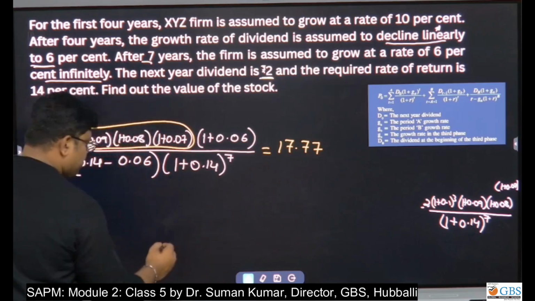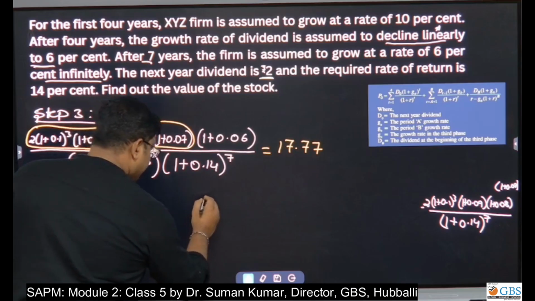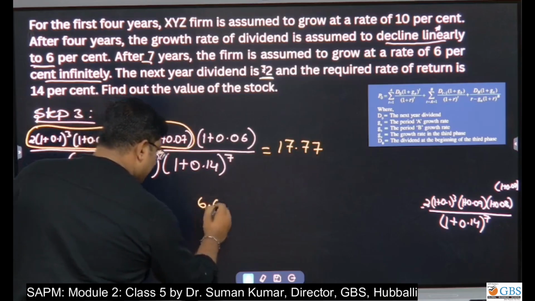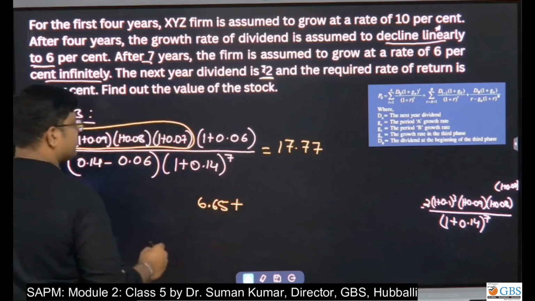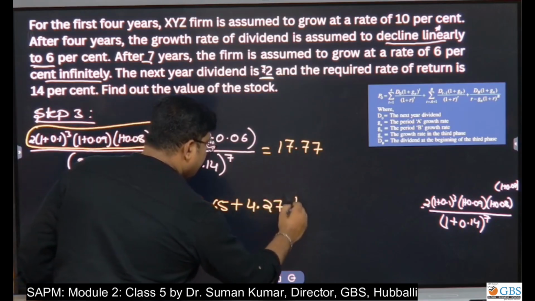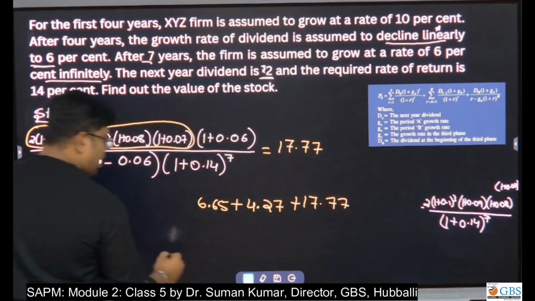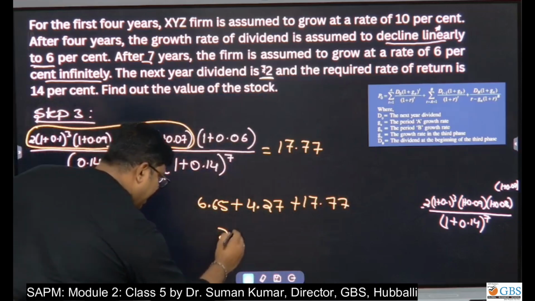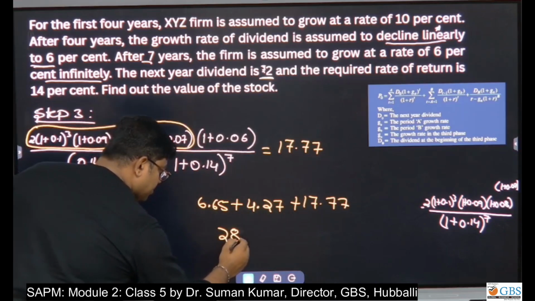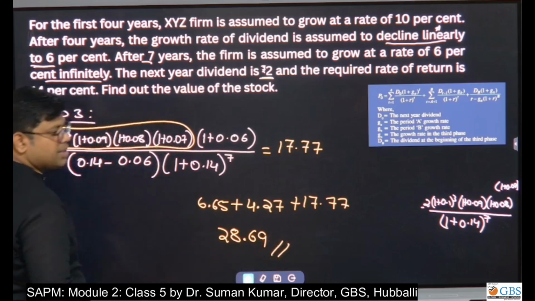Now the answers of steps 1, 2 and 3 you should sum up. What is the first step answer? 6.65 plus 4.27 plus 17.77, that is 28.69.